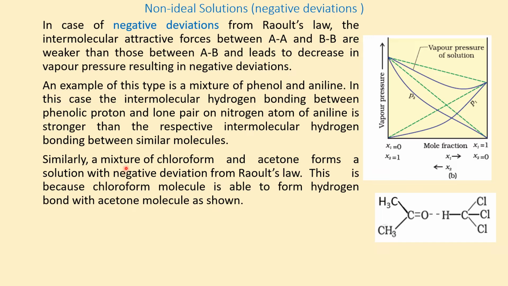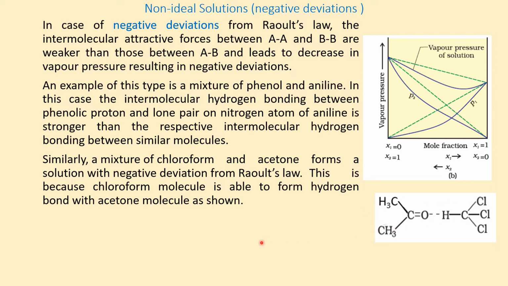Another example is a mixture of chloroform and acetone. A mixture of chloroform and acetone forms a solution with negative deviation from Raoult's law. This is because the chloroform molecule is able to form a hydrogen bond with the acetone molecule as shown.